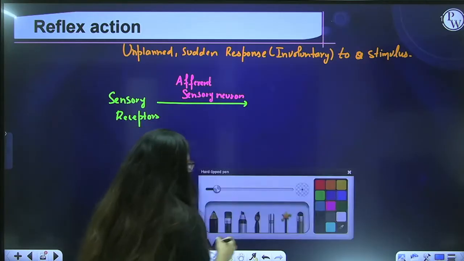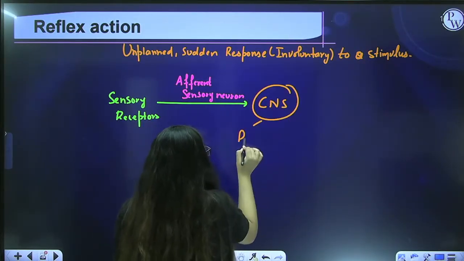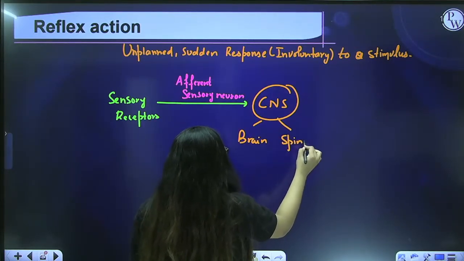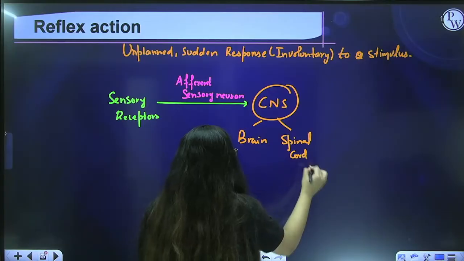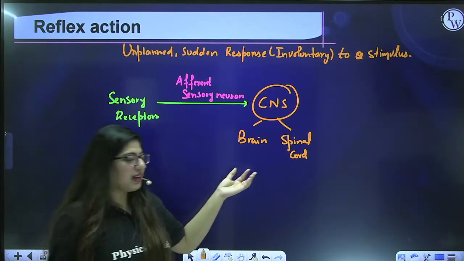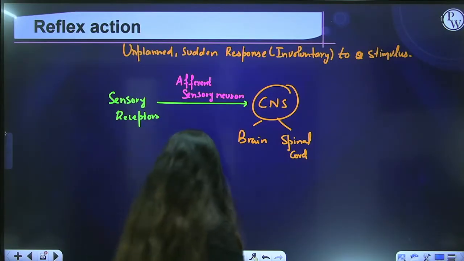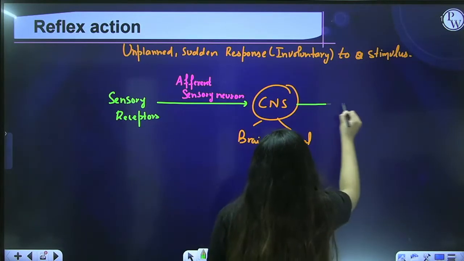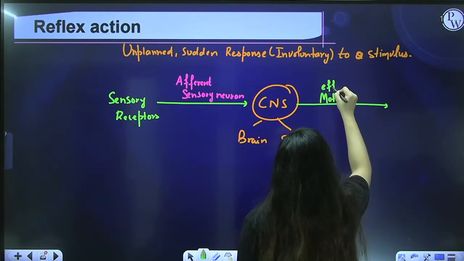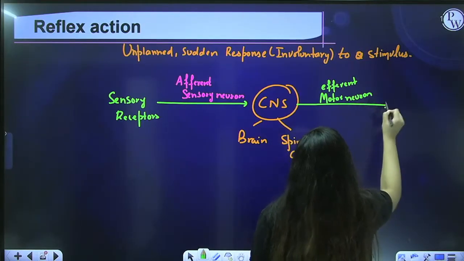It will go to the central nervous system, CNS, and this can be the brain or the spinal cord. Like I have told you about the vision reflexes, their center will be the midbrain. If I'm talking about a reflex like we have done right now, that will be in the spinal cord. Then via the motor neuron, also known as the efferent neuron, the information will be sent to your organs.